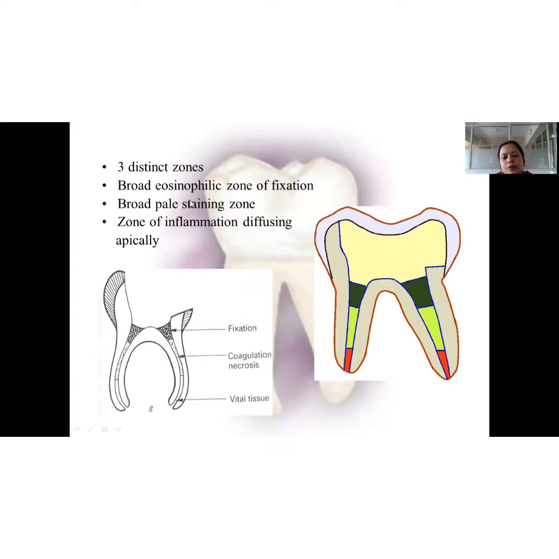Three zones can be seen. First, a broad eosinophilic zone, a zone of fixation, the upper layer. Then a broad pale staining zone of coagulation necrosis and inflammation. Then a zone of diffusing inflammation, that is vital. Three zones can be seen, with dentin bridge formation all over the radicular pulp.